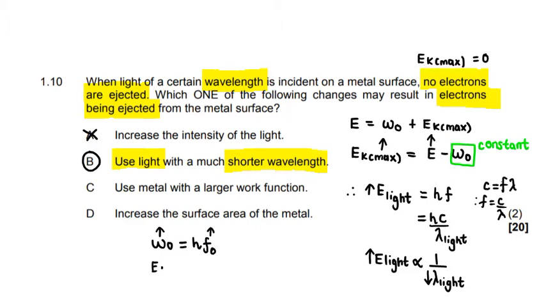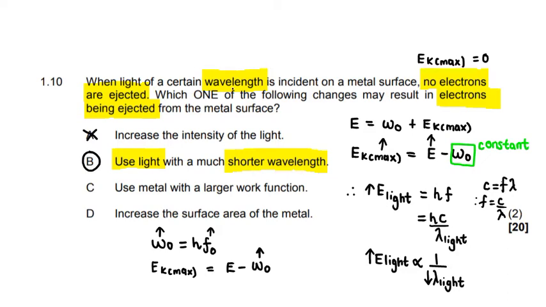So EK max is equal to the energy minus the work function. The work function has increased, so you are subtracting more.